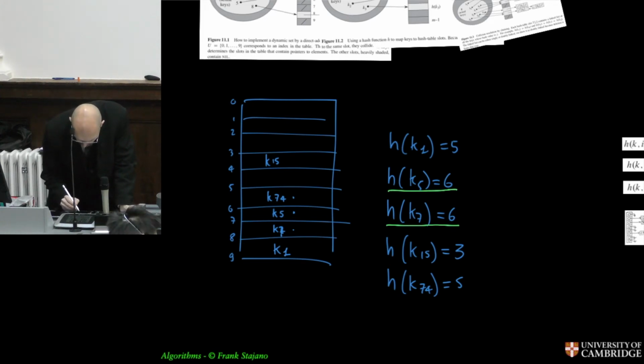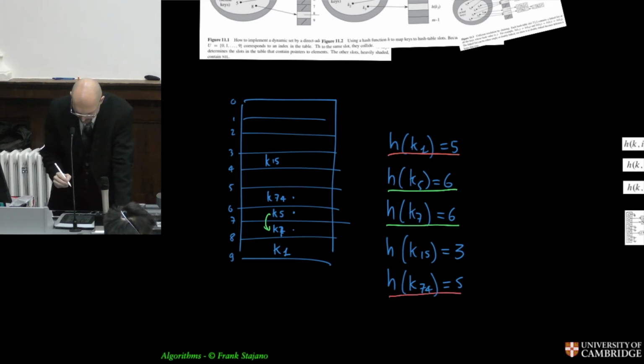So this is one kind of chain between K5 and K7. And K1 and K74 hashed to 5, but K1 had to go like this.